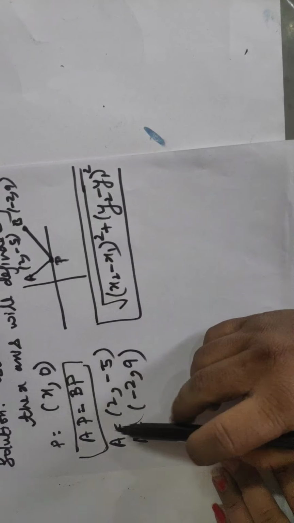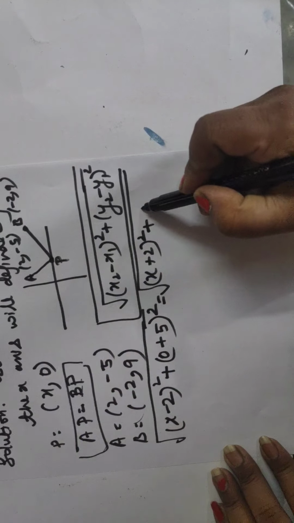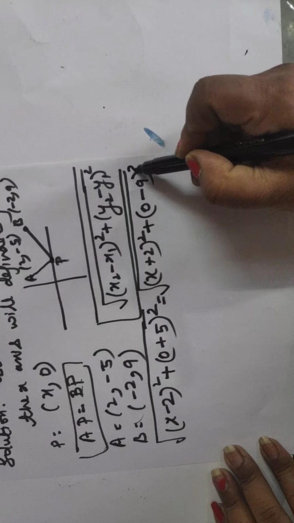So for AP, means A point this, x2 means x minus 2 whole square plus this is the y2, 0 minus minus 5, means it will become plus 5 whole square, under root, will equal to under root again x minus, here the x minus for the BP, x minus minus 2, that will become x plus 2 whole square plus 0 minus 9 whole square.